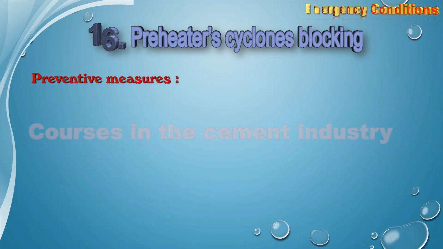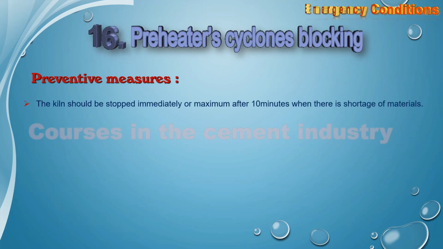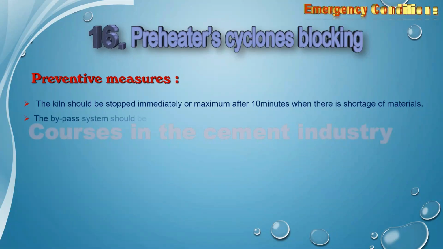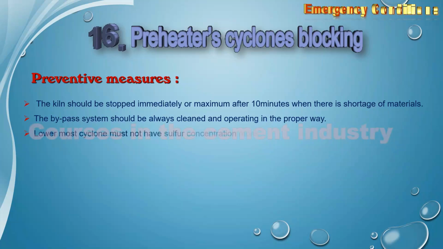Preventive measures. 1. The kiln should be stopped immediately, or maximum after 10 minutes, when there is a shortage of materials. 2. The bypass system should always be cleaned and operating in the proper way. 3. The lowermost cyclone must not have a sulfur concentration of more than 2%. 4.